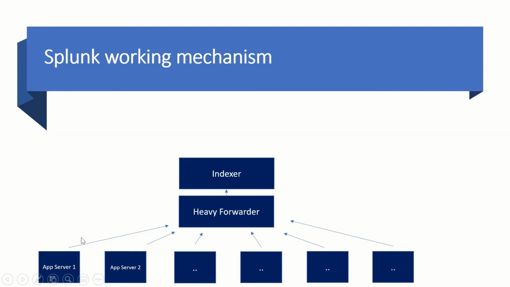There can be a direct link where you need not go through a heavy forwarder. Again, a very lightweight agent needs to be installed, as I explained earlier. Likewise you can store the data over here.